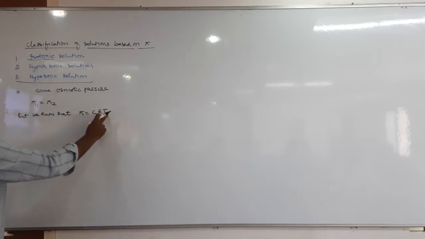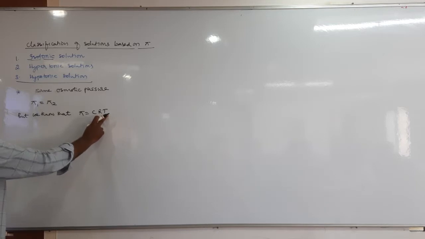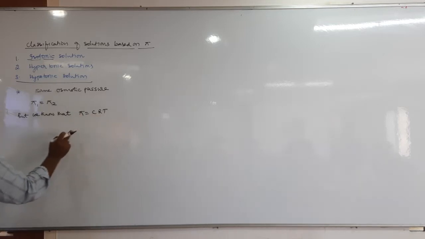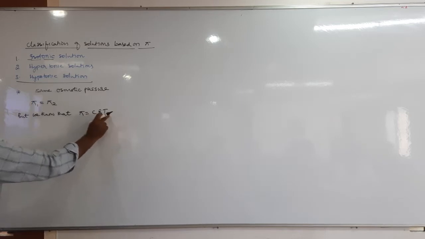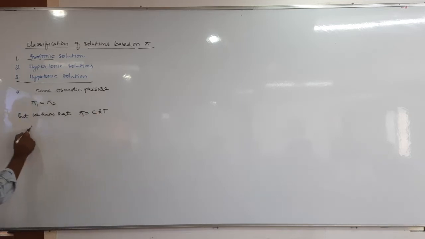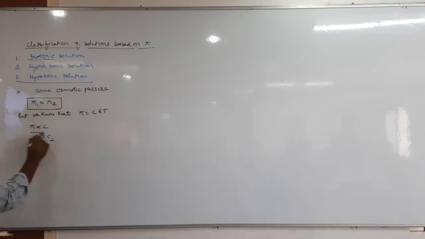R and T are constant, since it is the same temperature and R is a constant. Then pi is directly proportional to C. That means, important, when pi 1 equals pi 2, C1 also equals C2.